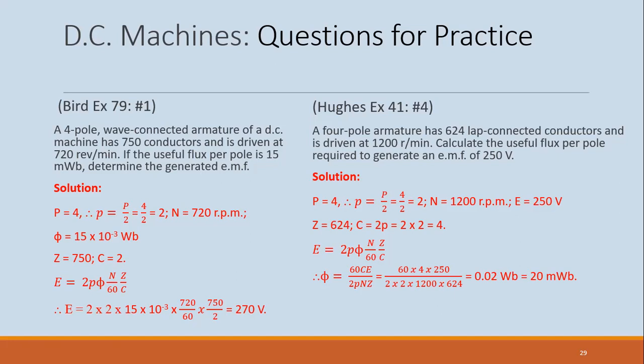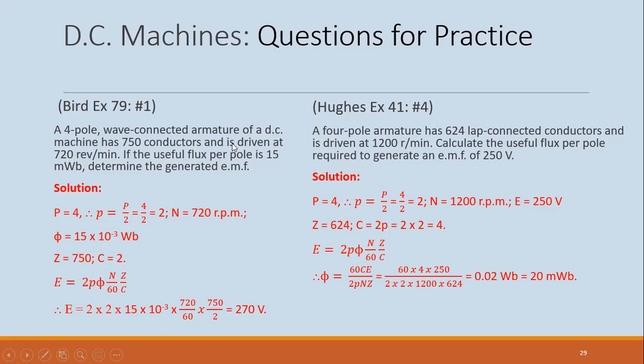By the way, what kind of machine would this be, based on the question that is asked? Generated. How do you know? So the generator determines the generated EMF, right? I think another clue is also it is driven.